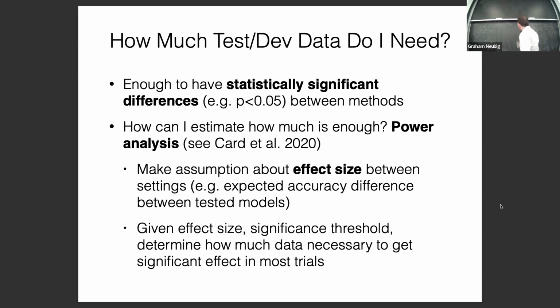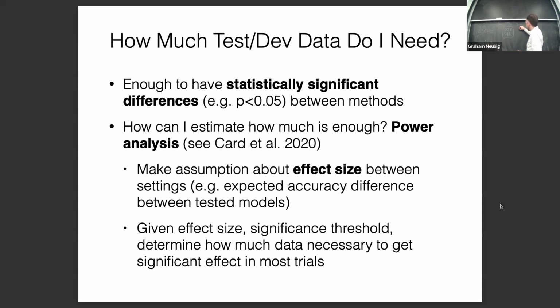And so to give an example, again, let's say we're talking about the accuracy. Let's say we have a baseline model, and then we also have our proposed model. And we know kind of from experience that the baseline model is probably going to get around 90% accuracy. We know by like eyeballing the data or something like that. And then we think our model is going to get 93% accuracy.